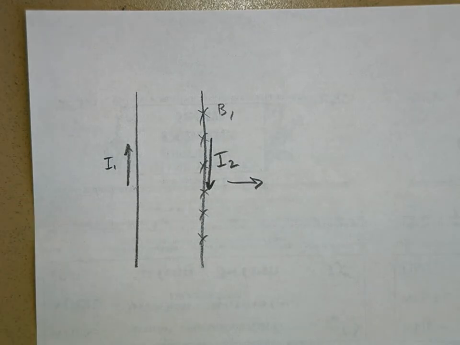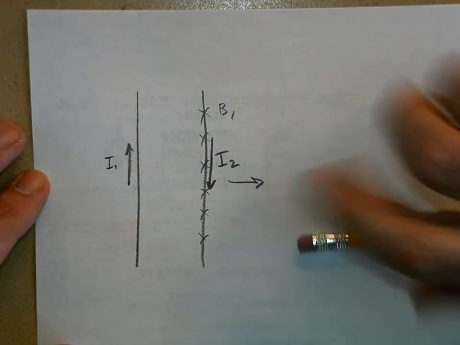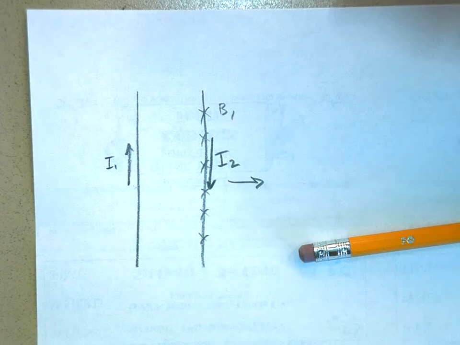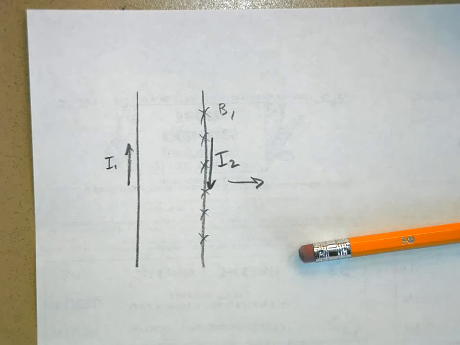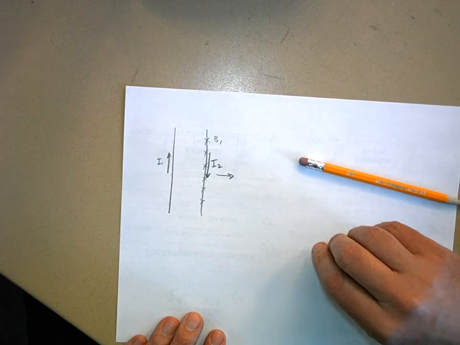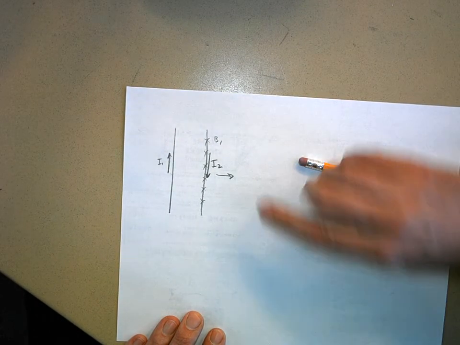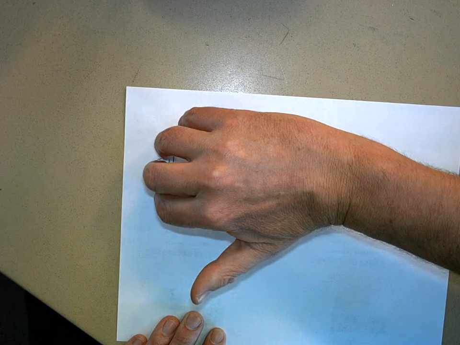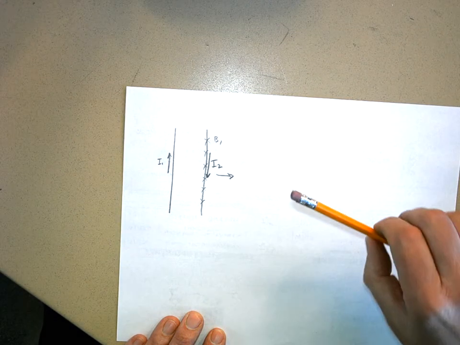Now, on this one, when I grab this wire, my fingers go into the board for B2.